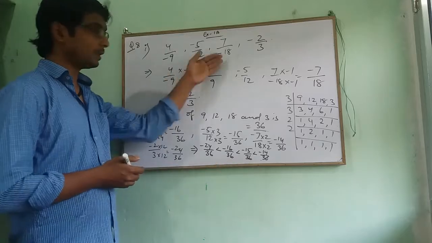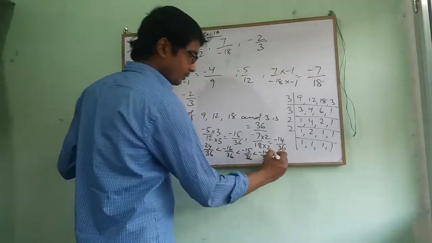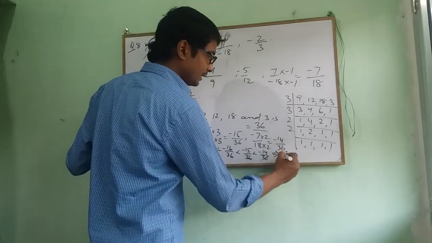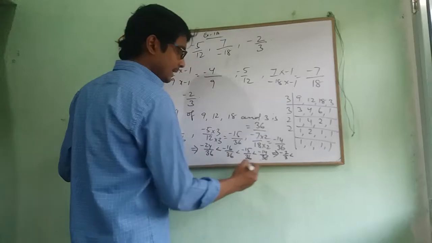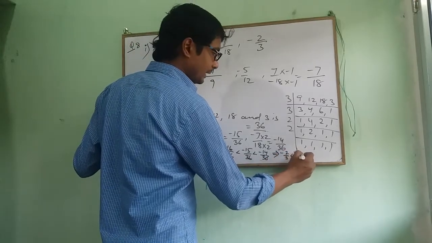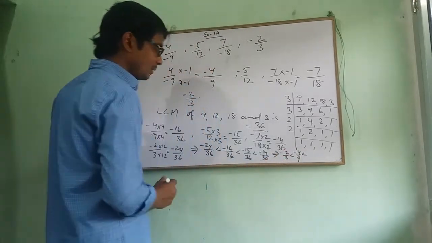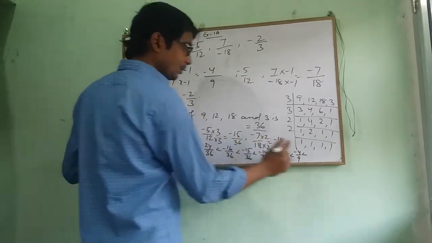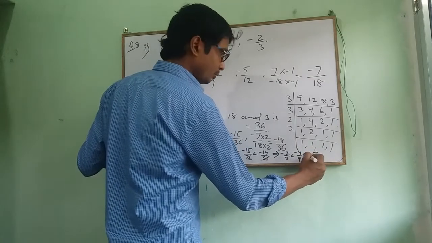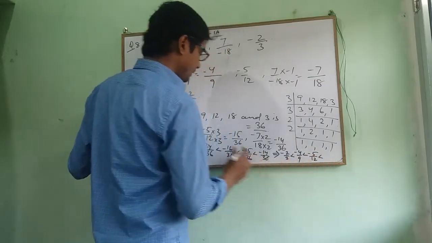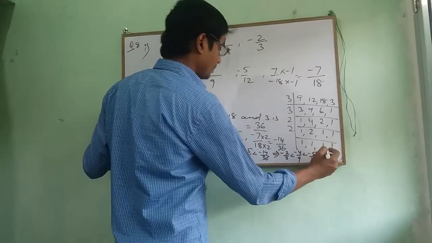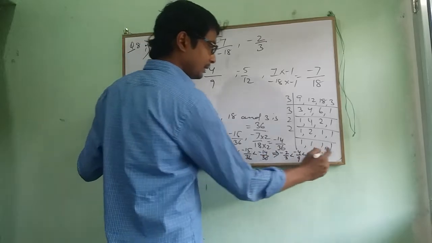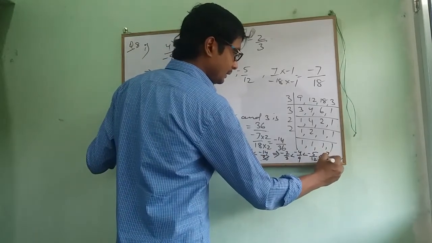You can write the original rational numbers also here. First we will write minus 2 by 3, then I will write minus 4 by 9, then I will write minus 5 by 12, and then I will write the last one, that is minus 14 by 36, that is minus 7 by 18.